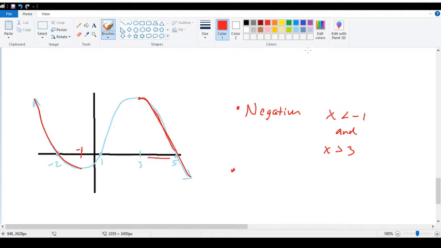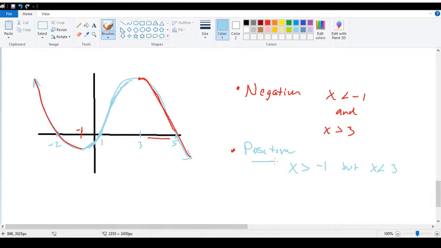Okay, when is it positive? Well, it's positive when x is more than -1, right up until about here, but x is less than 3.